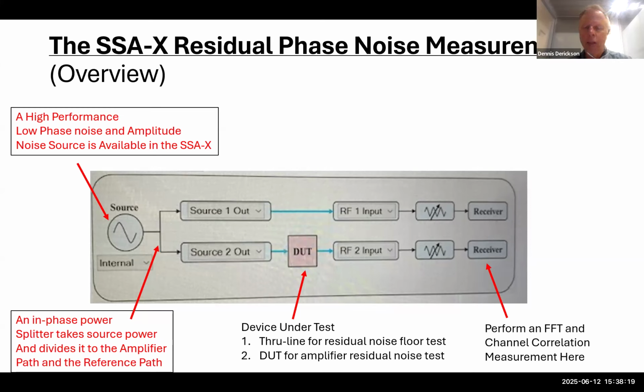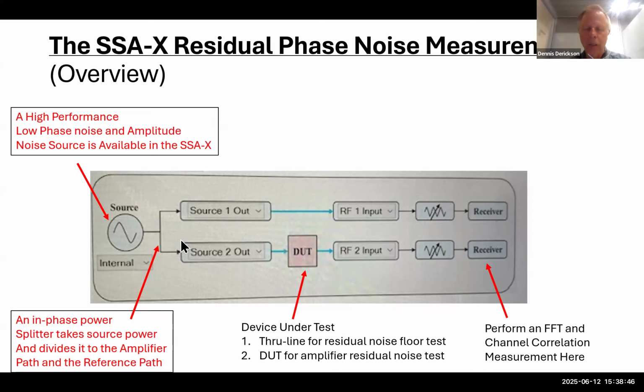And this receiver uses cross-correlation techniques. So if we wait long enough, the noise source in channel 1 and the noise source in channel 2 are uncorrelated. So if we do a cross-correlation between the two, we should be able to cancel out any kind of noise of these two channels. But the DUT right here is only in one channel, and so it's not going to be cross-correlated out.